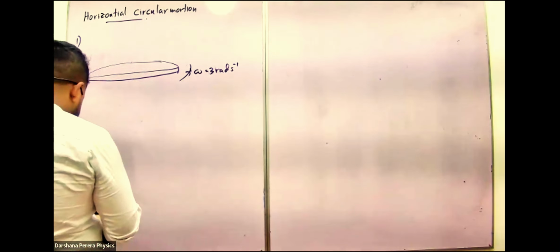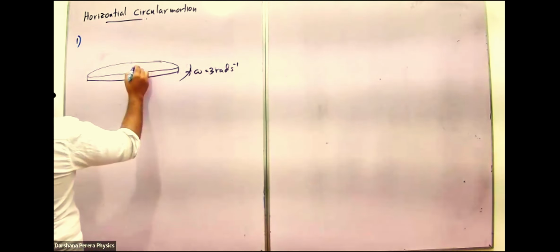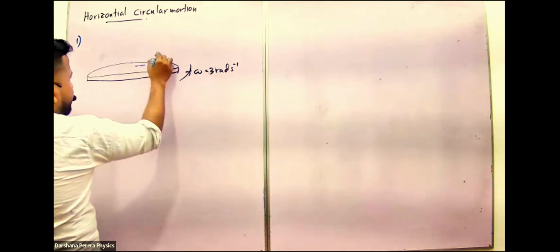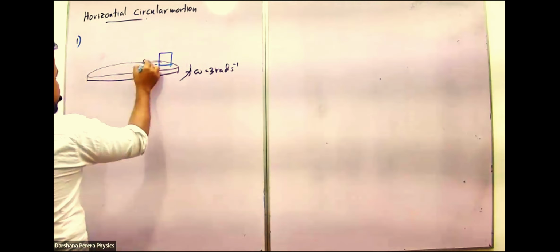Right. Radius is 0.8. Okay, 0.8, not 9 meter, 0.8 meter.